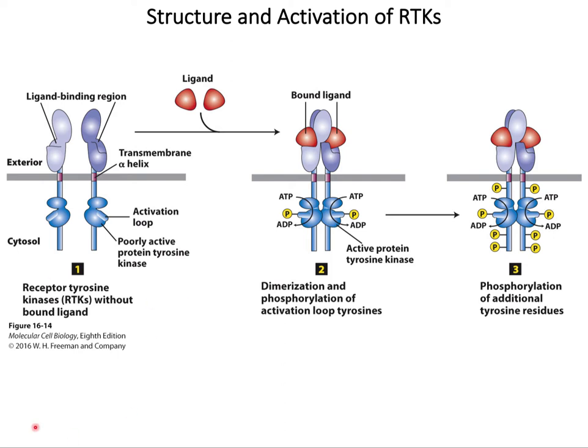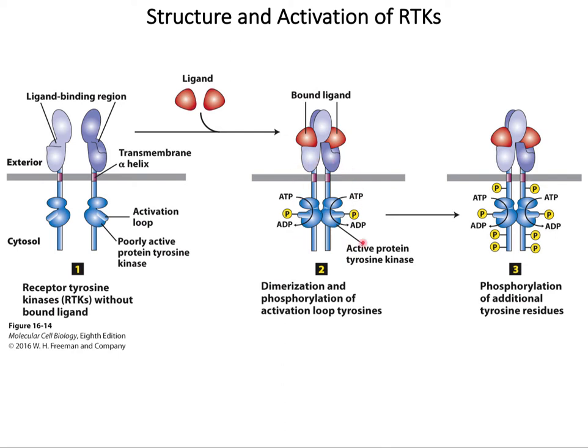However, when these receptors encounter and bind a ligand, they dimerize, as shown in this step 2. And it's the dimerization event that activates the tyrosine kinase's catalytic domain, and you see phosphorylation. I should say that the tyrosine kinase domain actually phosphorylates tyrosines in the receptor's cytosolic domain itself.